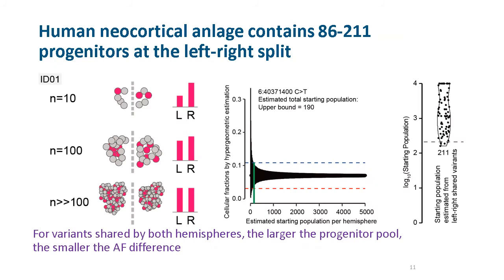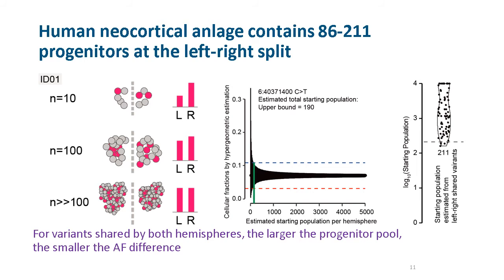By looking at the allele fractions of different sorted populations in the brain, we can further infer the progenitor pool size of the human neocortex. For those variants that are distributed in both hemispheres, the earlier the left-right split, the more difference of allele fractions we would see on the left and right hemisphere.